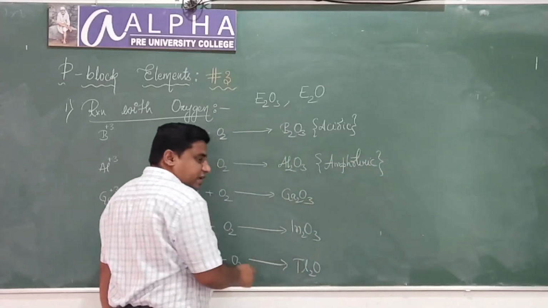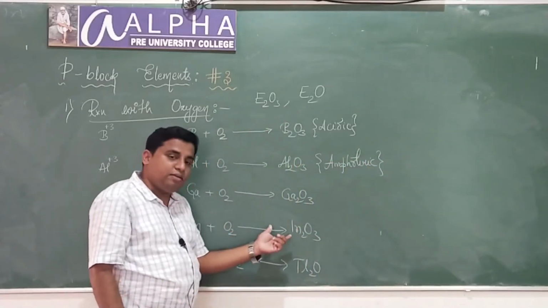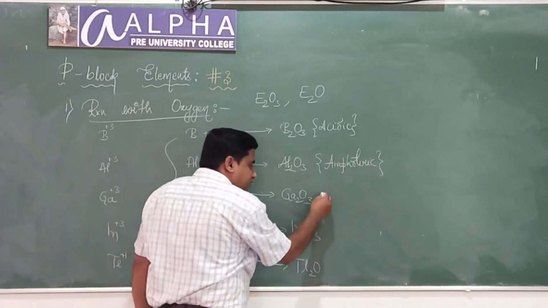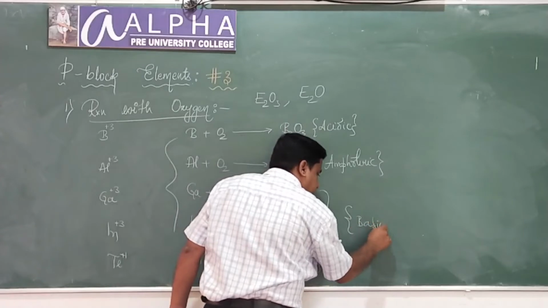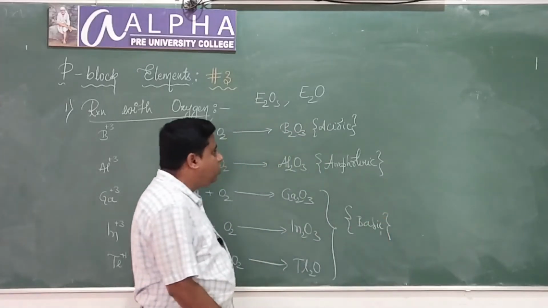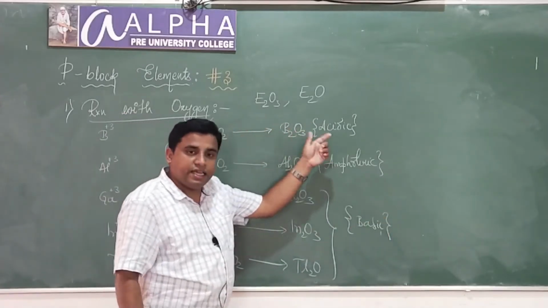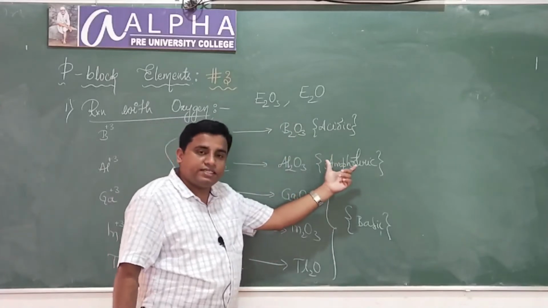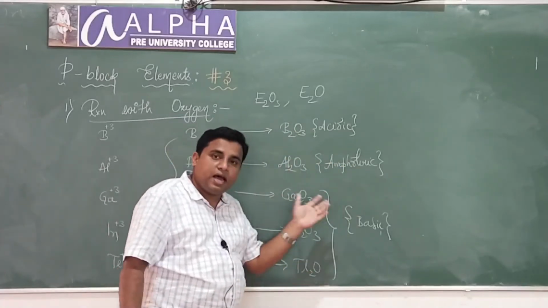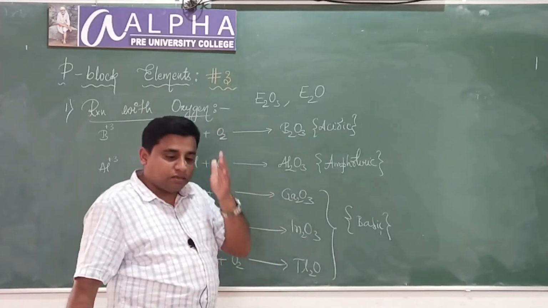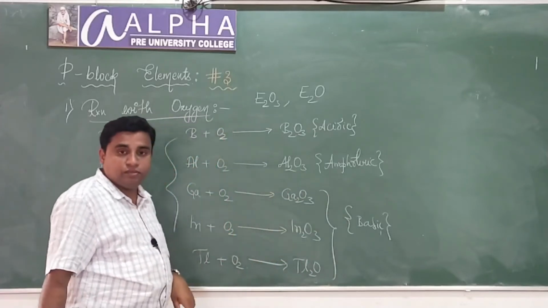And the rest three, that is gallium oxide, indium oxide and thallium oxide, these three are basic in nature. Boric oxide is acidic in nature, aluminium oxide is amphoteric in nature, gallium oxide, indium oxide and thallium oxide are basic in nature. Understood?